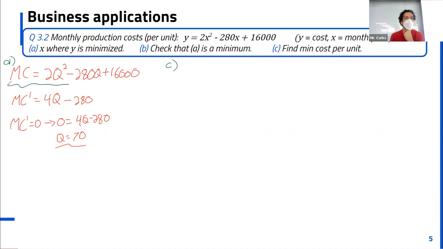Okay, so this original marginal cost equation here. If we substitute in, when Q equals 70, marginal cost is 2 times 70 squared minus 280 times 70 plus 16,000.